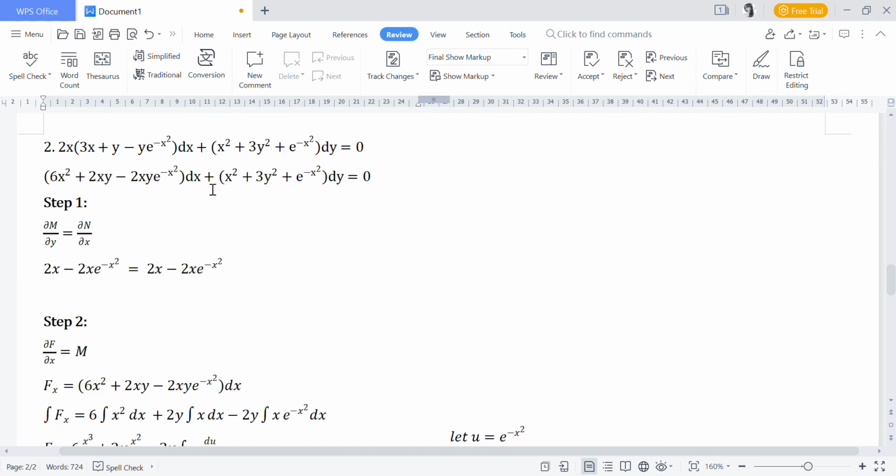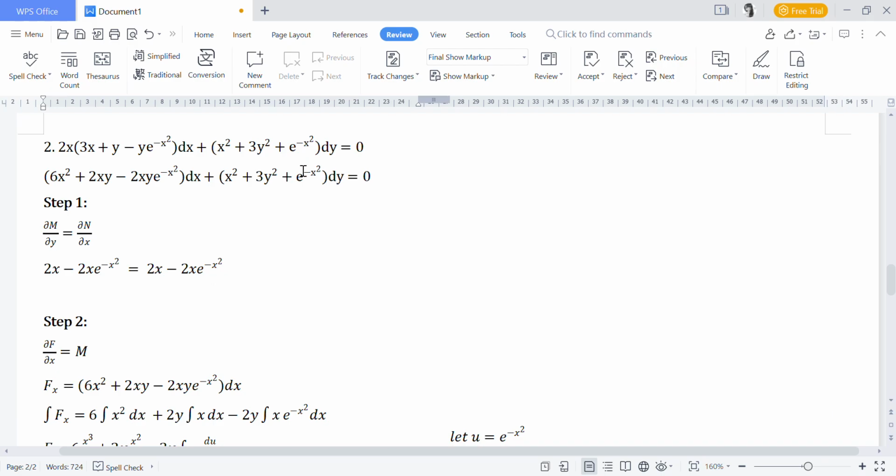So we're going to derive this with respect to x. The derivative of x squared is simply 2x. Then 3y squared doesn't have any x variable, so its derivative is simply 0. Then, the derivative of e raised to negative x squared is simply negative 2x e raised to negative x squared.